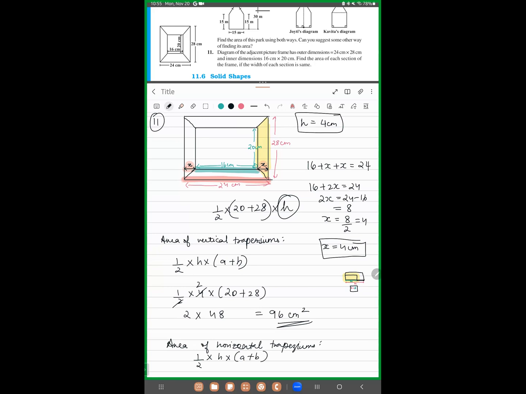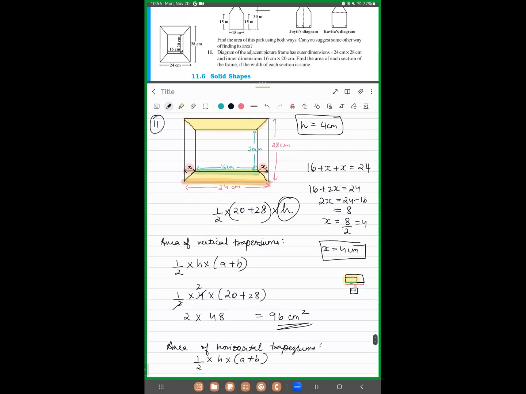Now can you tell me what is the height and what are the parallel sides when it comes to the horizontal trapeziums? I think it's 4. Height is 4. Good.